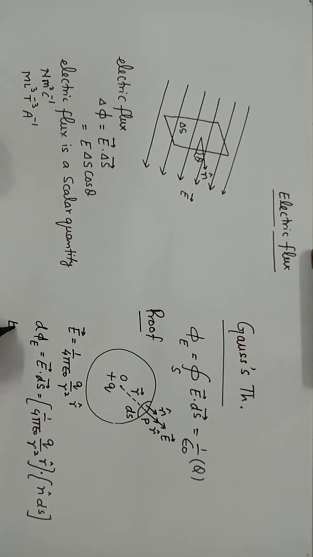So E dot ds equals 1 upon 4 pi epsilon naught Q upon r square, r cap dot n cap ds.